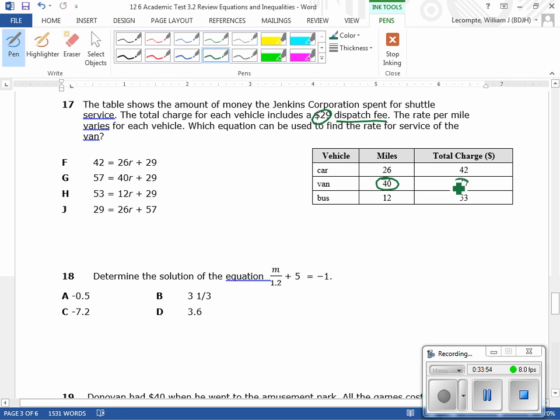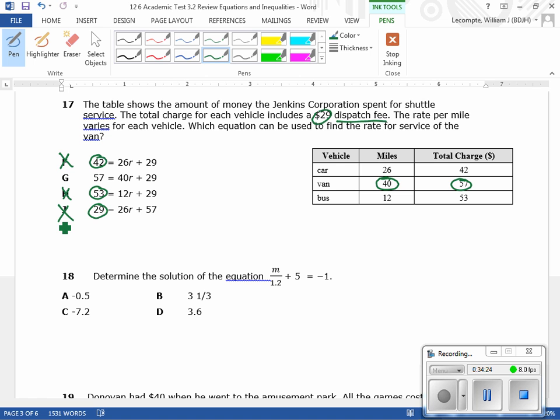Well, this says a total charge of 42, so I'm going to get rid of that one. This says a total charge of 53. I'm going to get rid of that one. And this says a total charge of 29. But based on that reasoning, G would be the reasonable answer. But I want to make sure that the 40r, that's a rate per mile, and I got a $29 fee.